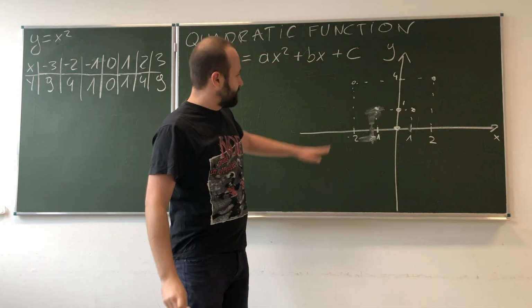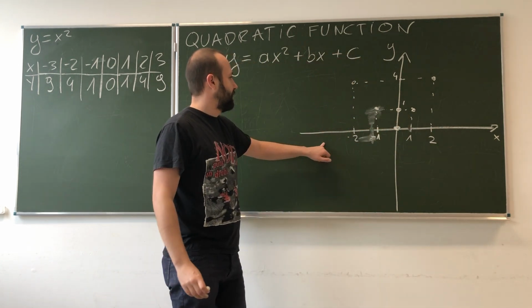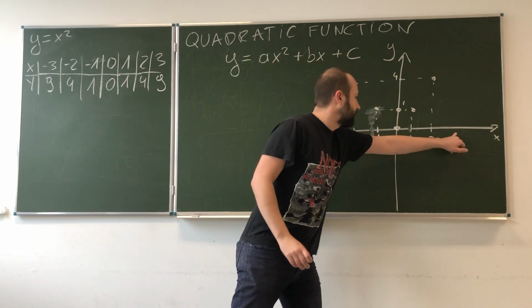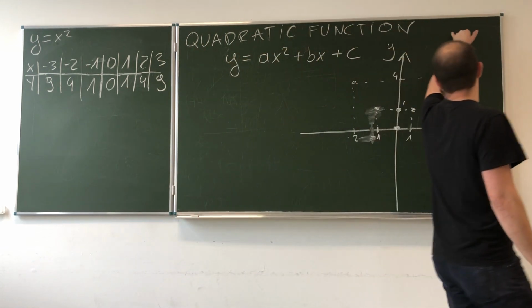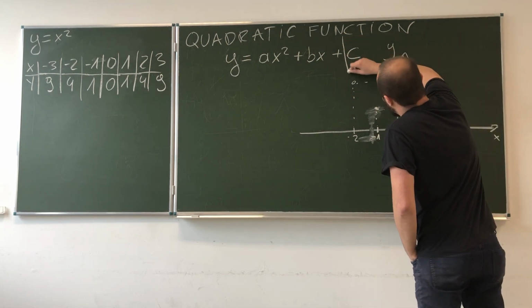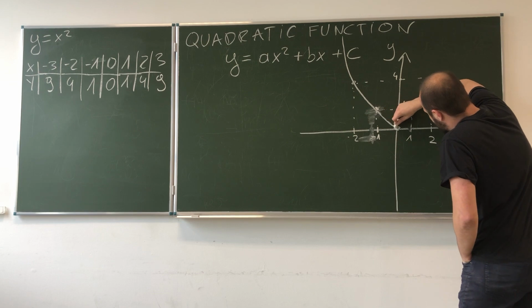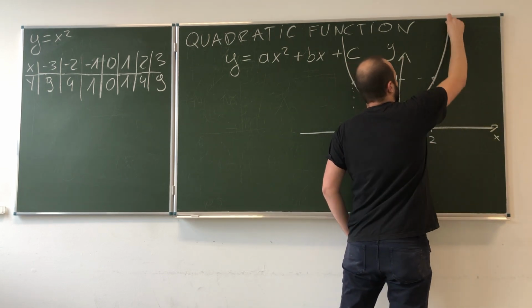We could also imagine that if the argument were 3 or negative 3, the value would be 9 on both sides. So if I connect all those possible points, I should get a curve that looks like this.